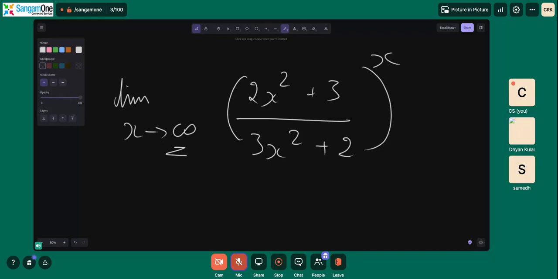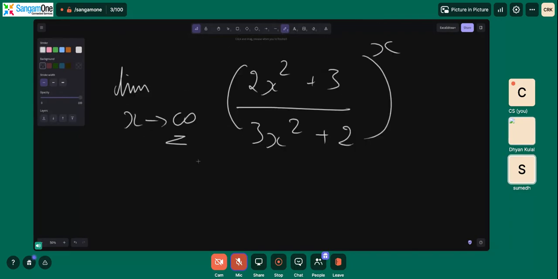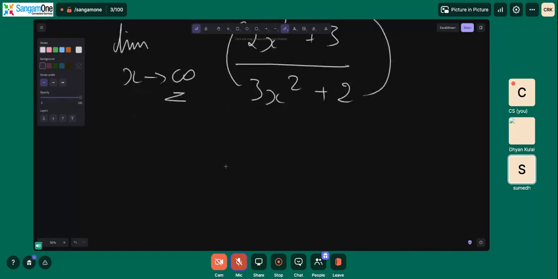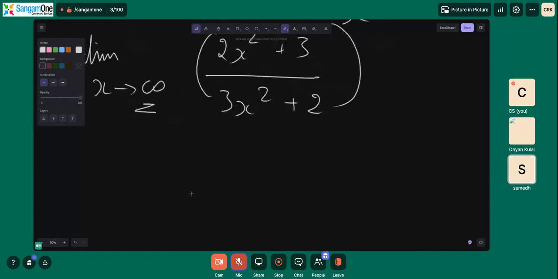Dhyan, I will slowly start solving here. You can look at the screen. Now before solving, can I simplify this equation? What I will do is multiply and divide by x square.